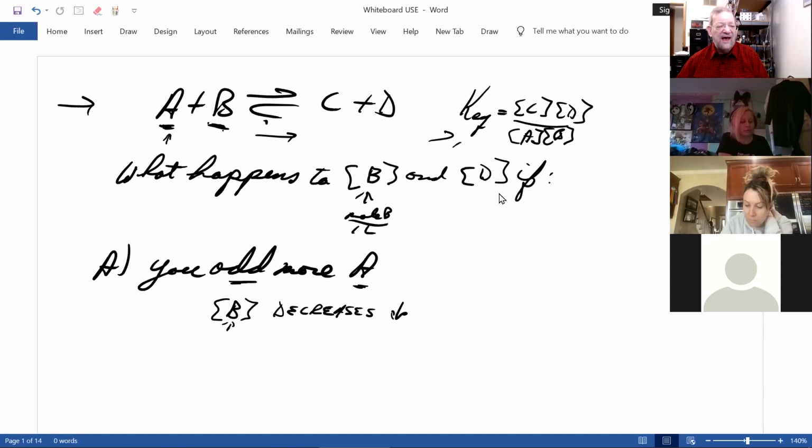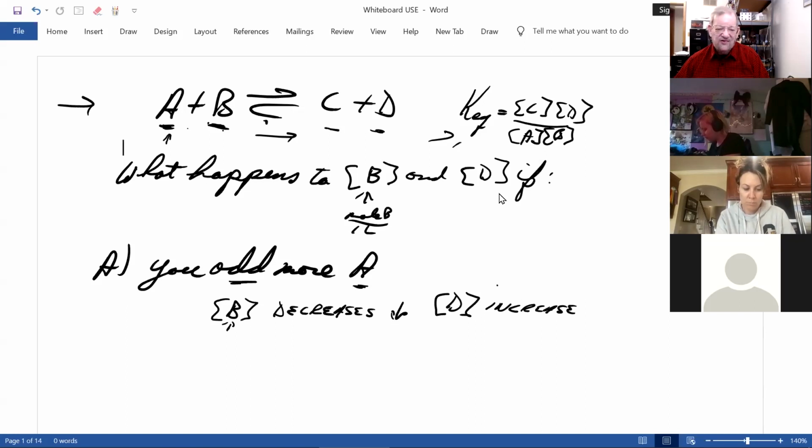Now, when A and B react, they make more C and D because that's how they're being consumed. Well, if you make more of something, what happens to the amount or concentration you have? Guess what? You make more of something, the amount you have increases. And C does too, but I'm only asking about that.